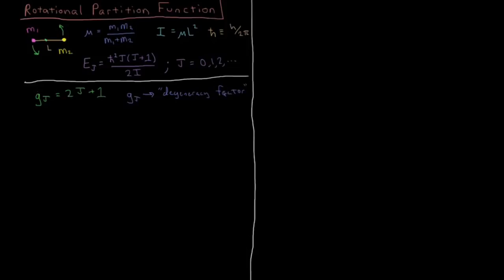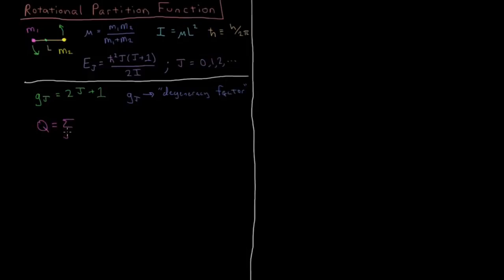So we need to modify our equation for the partition function very, very slightly when we know we have degenerate states like this. Q is still going to be a sum over all of the states.